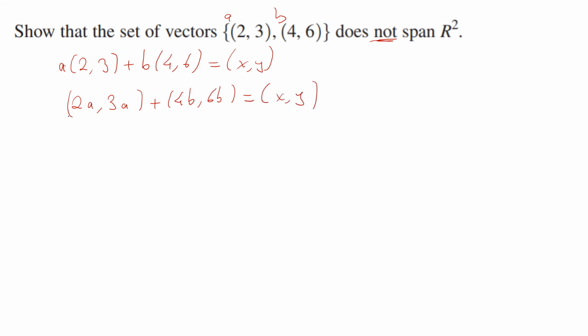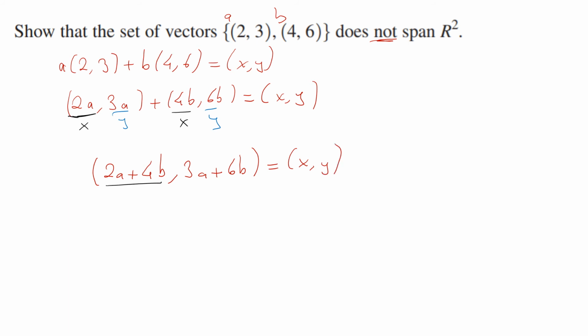Now I need to put the x's together, and I need to put the y's together. When I do that, I'm going to get 2a plus 4b, and 3a plus 6b, and this will equal x and y. Now from here, all I need to do is put this x coordinate equal to my x, so I have 2a plus 4b equaling x.